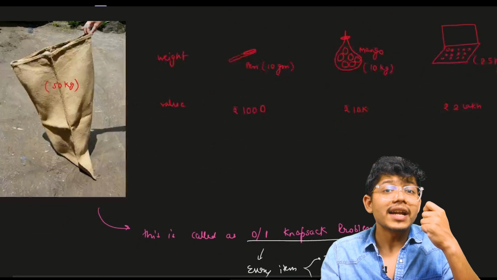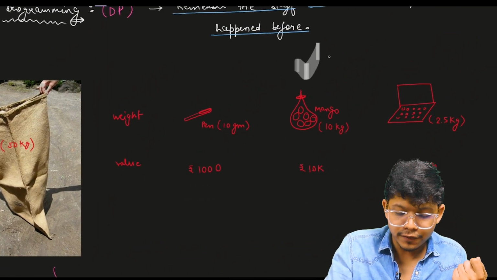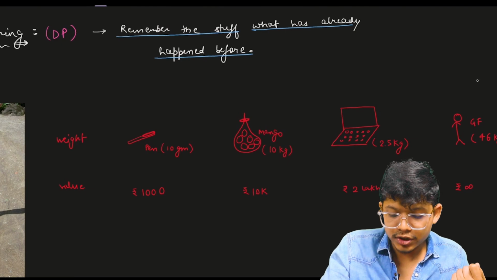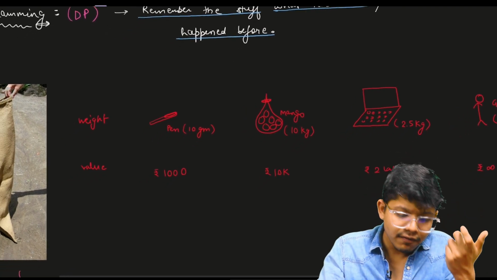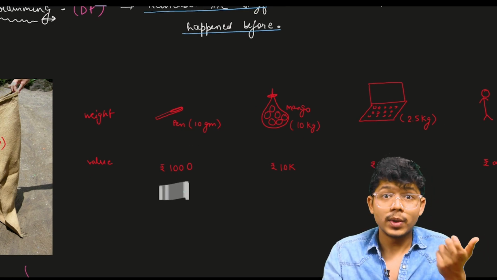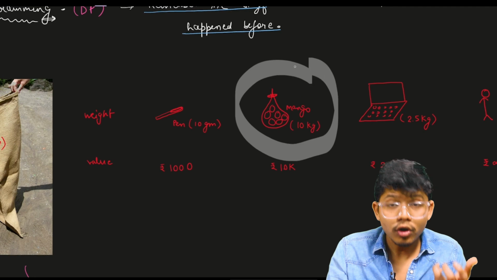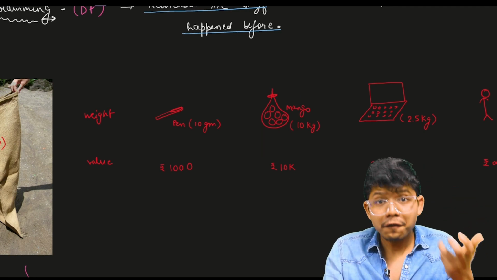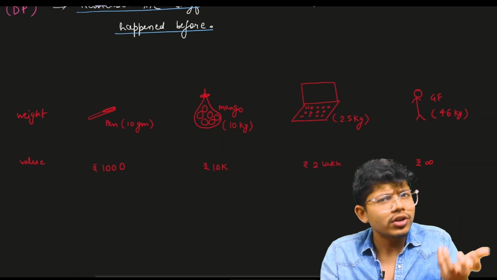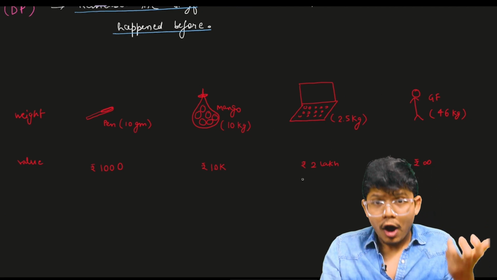So for this case, for every item I have 2 options. Either I will choose it or refuse it. So for example, I have a Pilot pen which is 10 grams, but the value is very large, 1000. So maybe I can choose it, maybe I can refuse it. Next, I have a mango of 10 kgs of value 10k. I can choose it or not. I have an Apple laptop weighing 2.5 kgs worth 2 lakhs.